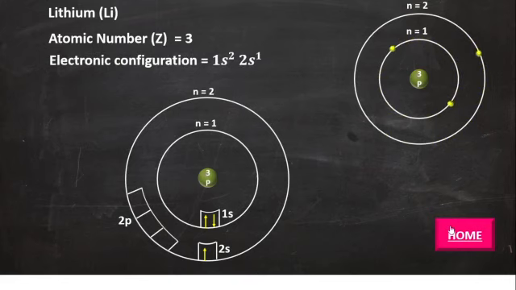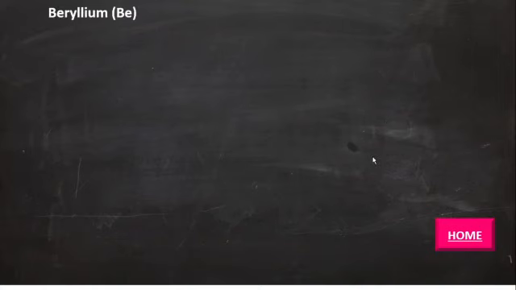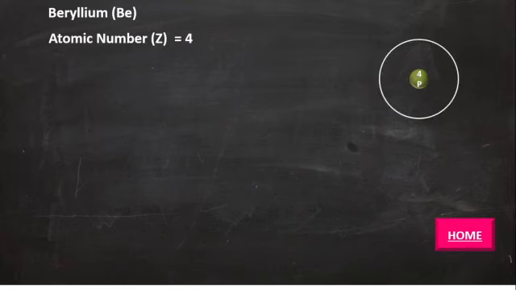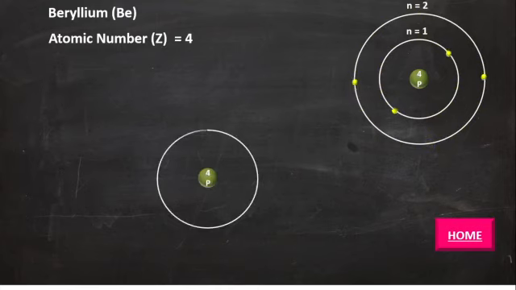Okay, next let us go to the next one, beryllium. Its atomic number Z equal to 4, 4 protons, 4 electrons, 2 in the first orbit and the other 2 are in the second orbit. Let us fill these electrons into the orbitals. 1s, first electron, second electron, first orbit is completely filled.